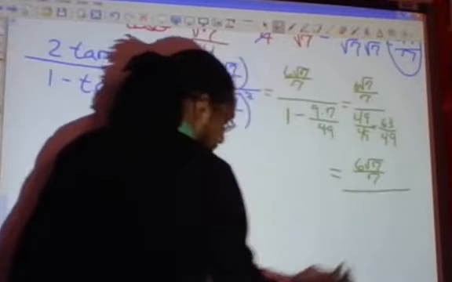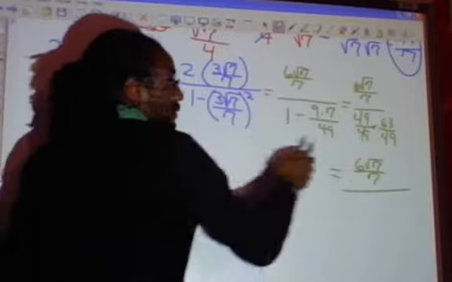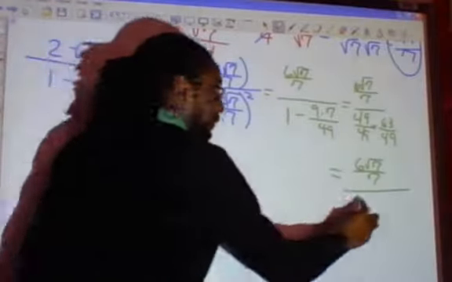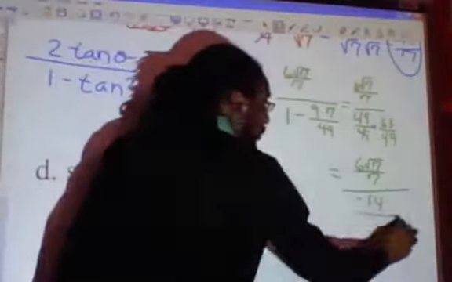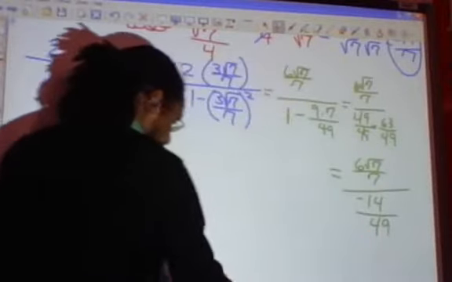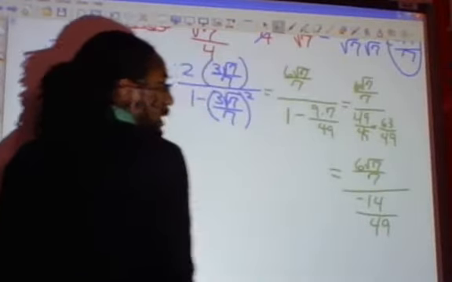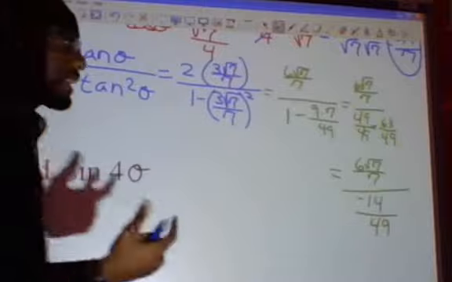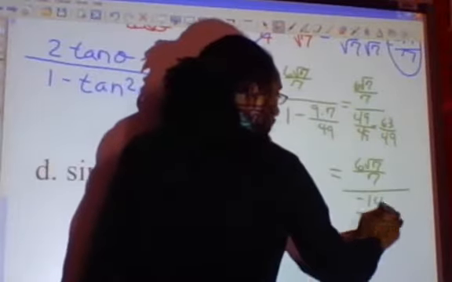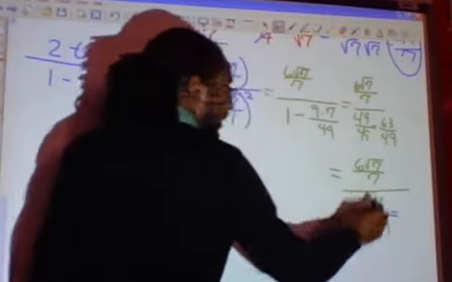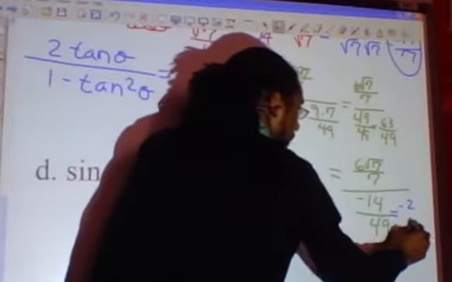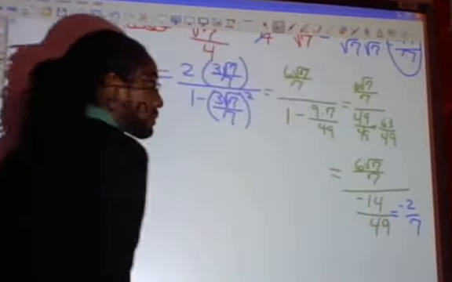On the bottom, 49 minus 63 is negative 14 over 49. Then we go ahead and simplify that down. If we divide both by 7, that would give us a negative 2 on top and then 7 on the bottom.